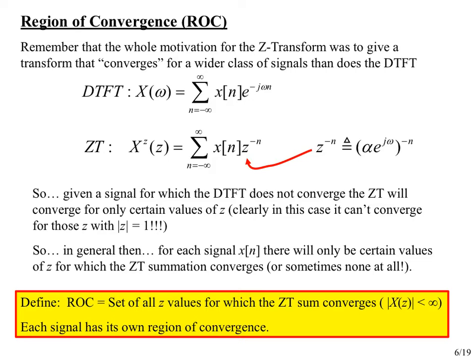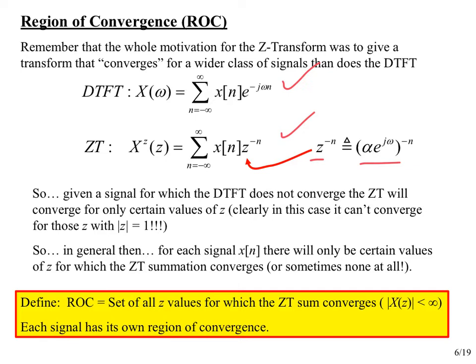So we look at these two sums, and we again recognize that z is just an arbitrary complex variable. And so we can write it as alpha, with alpha greater than 0, times e to the j omega. And so those are the two differences.